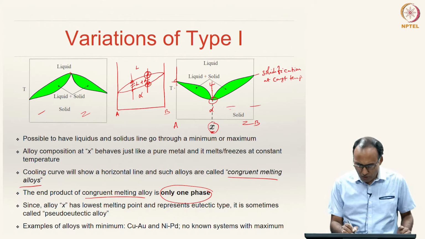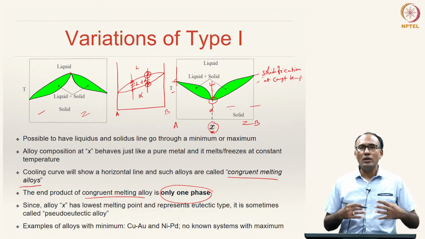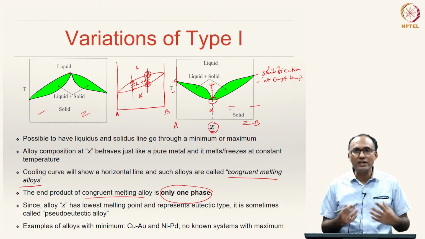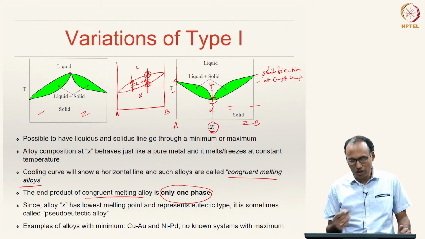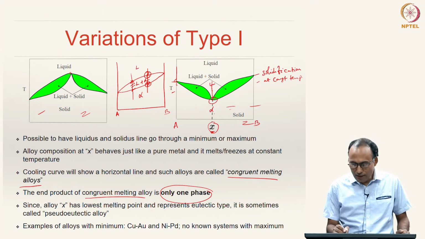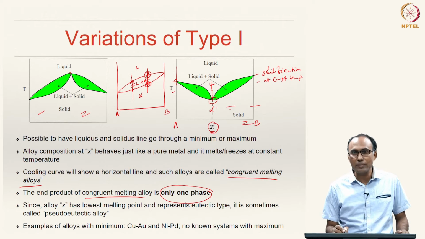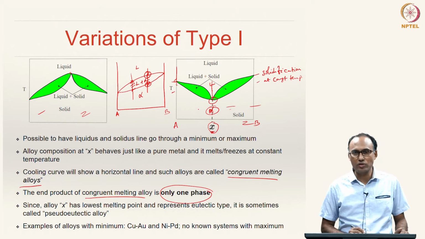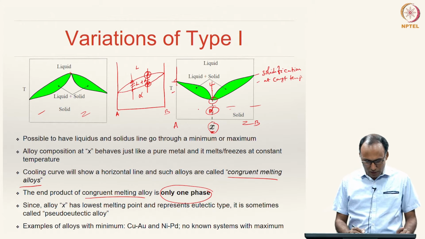So is the case for your pure metals A and B. So, the melting process or the solidification of pure metals is congruent in nature. Similarly, if you have any other alloy system which happens at constant temperature, and in addition the end product is a single phase system. Here it is a single phase solid solution alpha, right.